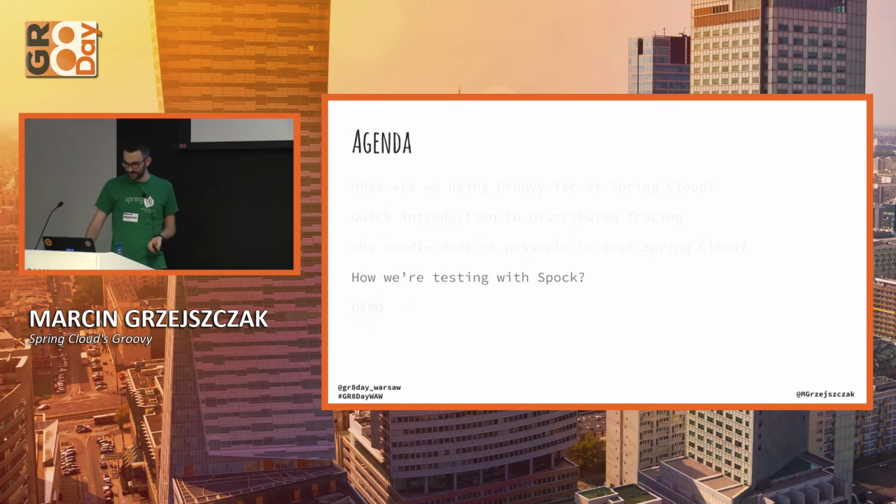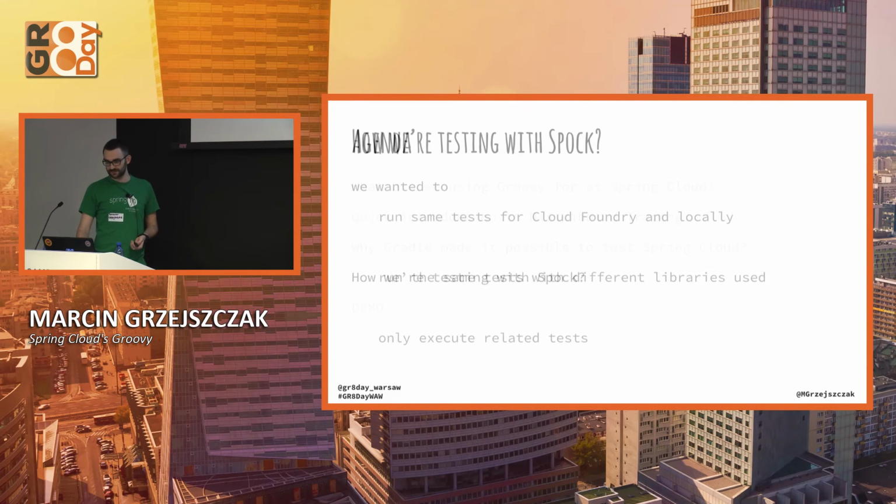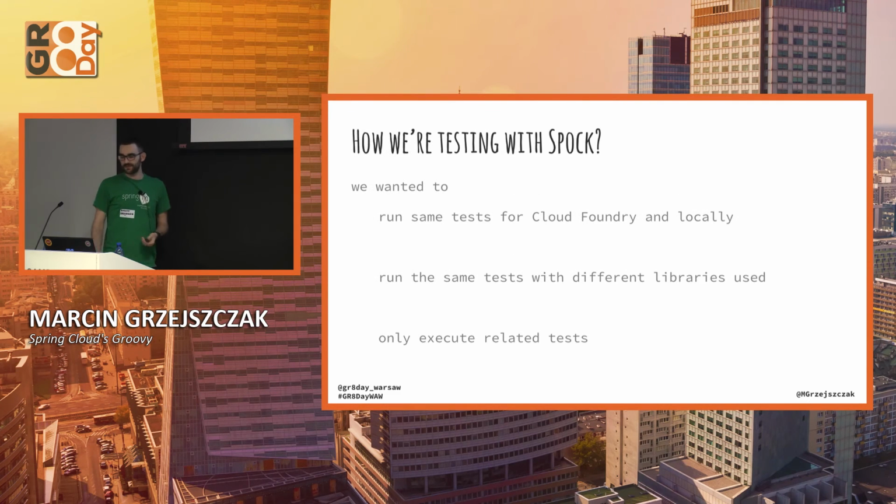So, coming to those tests. How are we testing with Spock? We wanted to run the same tests for Cloud Foundry and locally. It was really crucial that the tests be written in such a way that they are parameterized, so that I only provide the URLs and everything works out of the box, regardless of whether the whole setup is local or on Cloud Foundry.